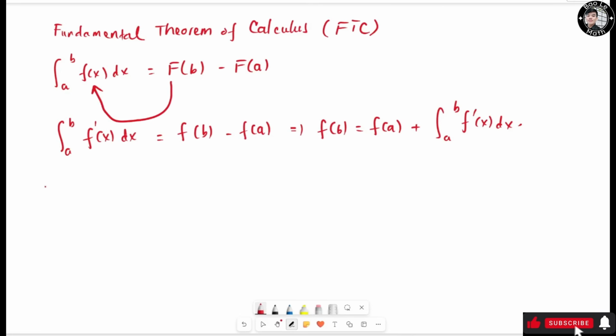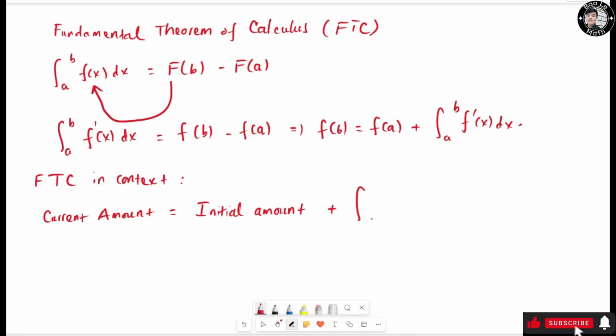Now you have the fundamental theorem of calculus in context. The current amount equals the initial amount plus the integral from time 1 to time 2 of rate in minus rate out dt.